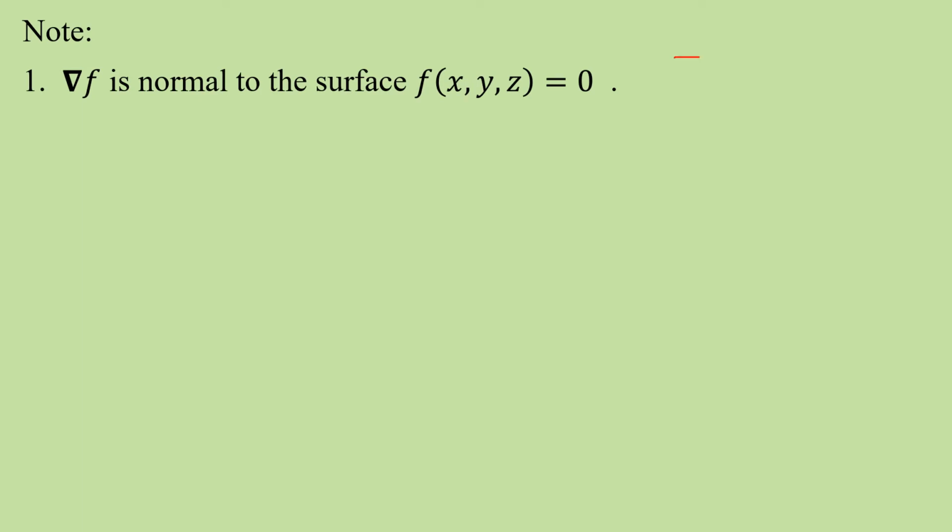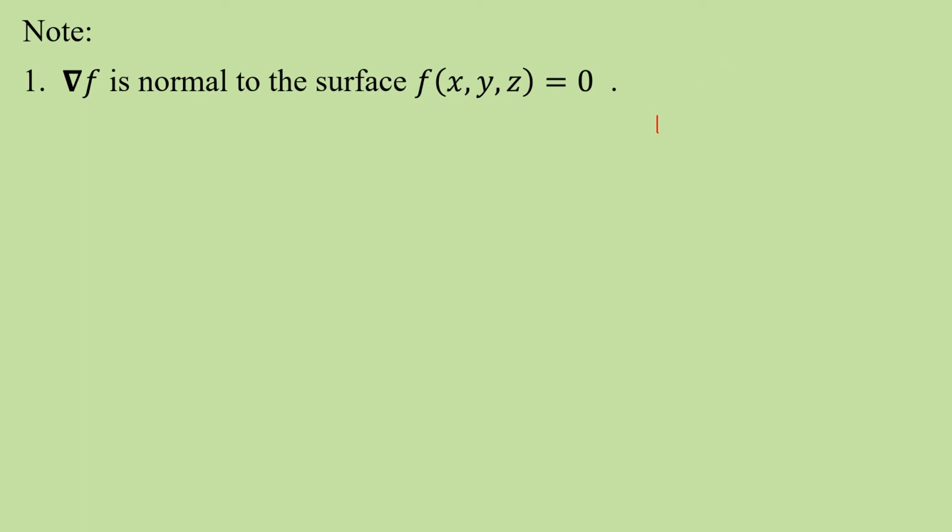That is nothing but del f by magnitude of del f. So this is the unit vector normal to the surface. So the gradient of f can be asked in another way: find the vector normal to the surface f(x, y, z) = 0.